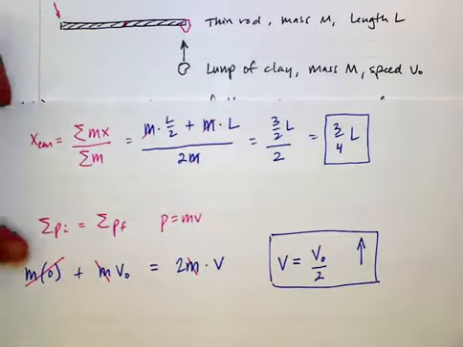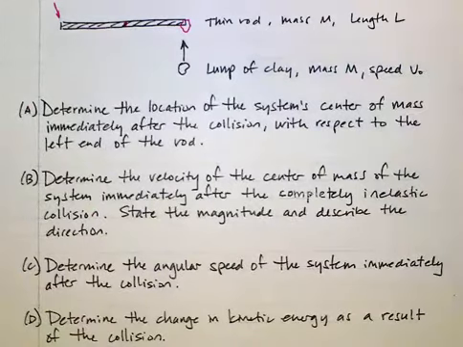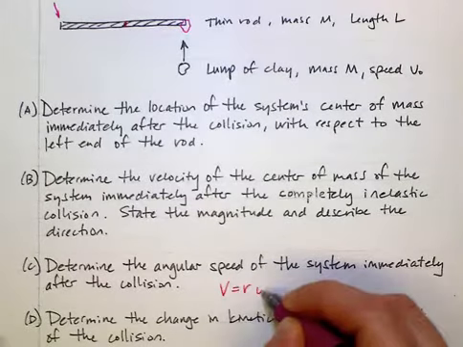All right, now let's take a look at the angular speed of the system just after the collision. Now, some people might be tempted to do something like, say, v equals r times omega.